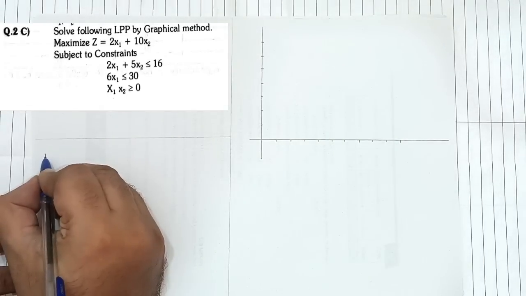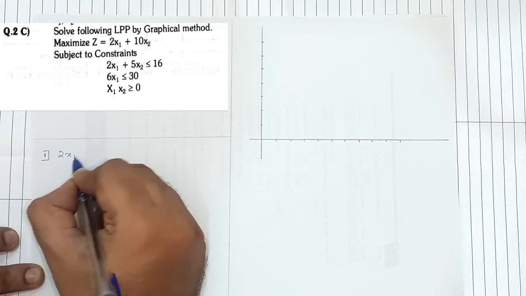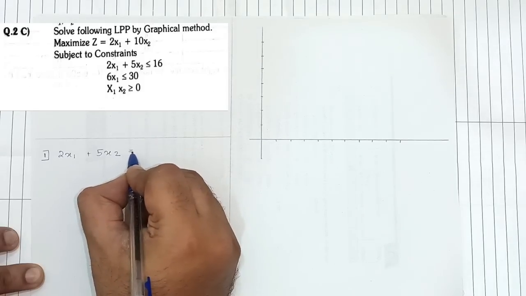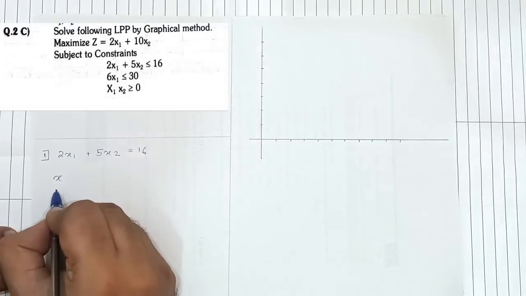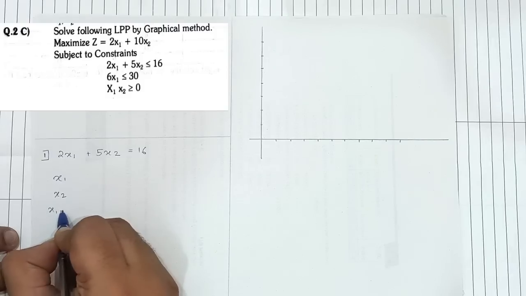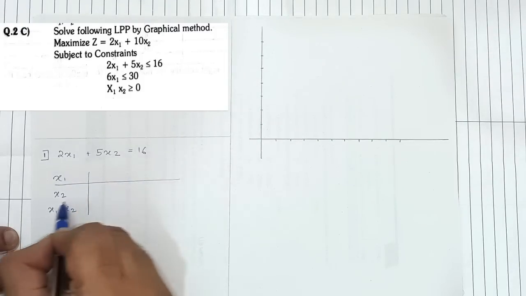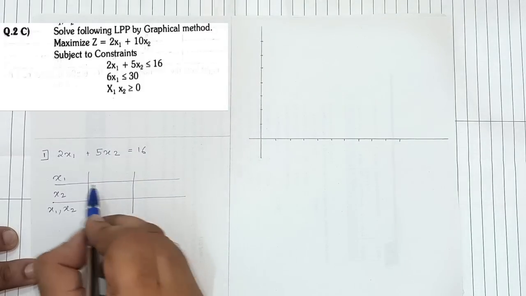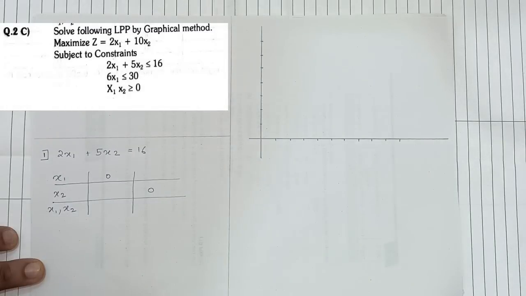So the very first equation was 2x1 plus 5x2 is less than or equal to 16, but in order to solve we'll take it as equal to 16. Now we'll create a table with x1, x2. Whenever such an equation is given, first take x1 as 0, next take x2 as 0 to get the coordinates.